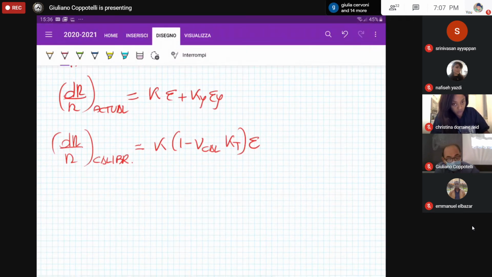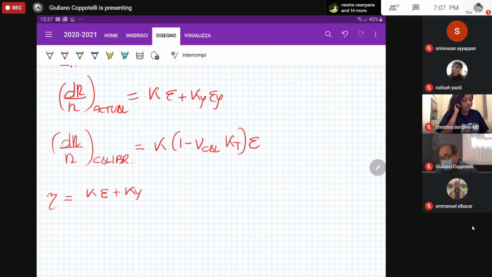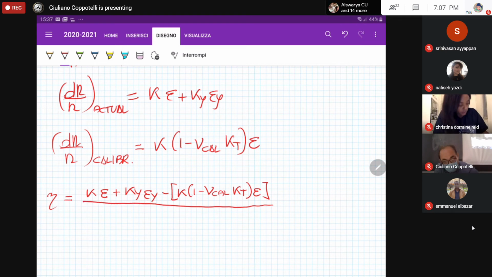We know anything about the calibrating material. If we substitute now to the previous equation, what we got is that error eta is given by K epsilon plus Ky epsilon y minus K1 minus calibration KT epsilon, everything divided by K1 minus calibrating KT epsilon.